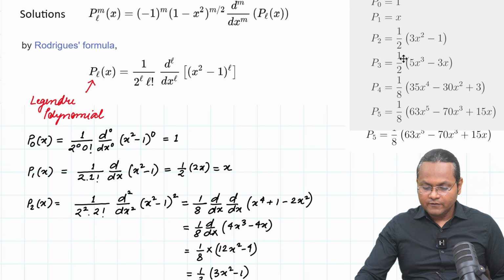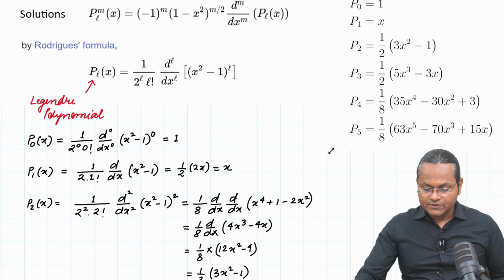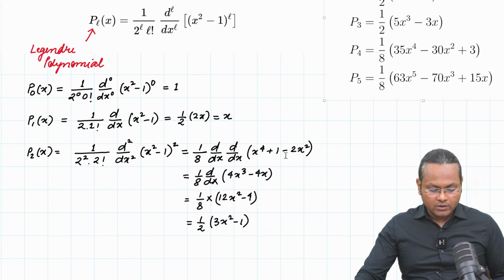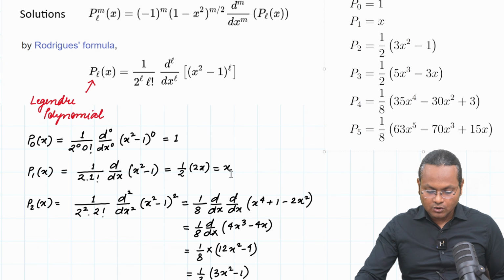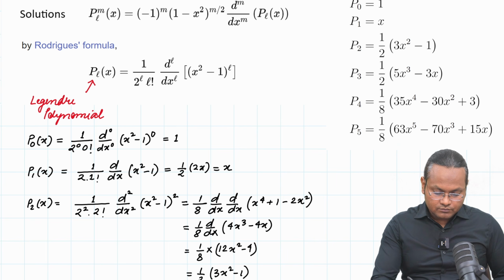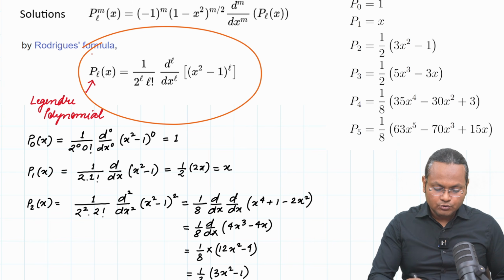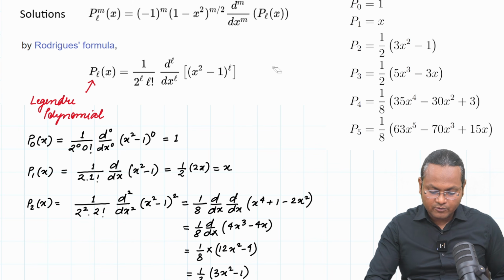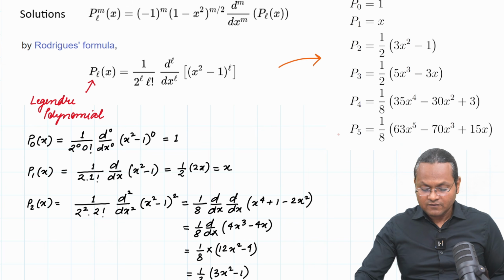So here we have the first 5 Legendre polynomials that you can obtain using the Rodrigues formula. This is the Rodrigues formula used to obtain the Legendre polynomials that I am writing here on the side. If you're interested, you can check each one of them yourself.